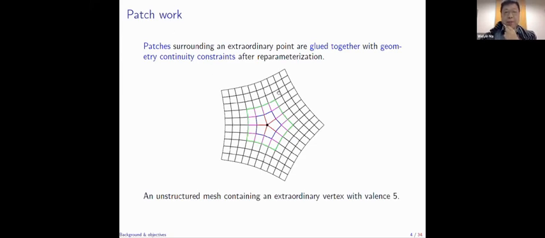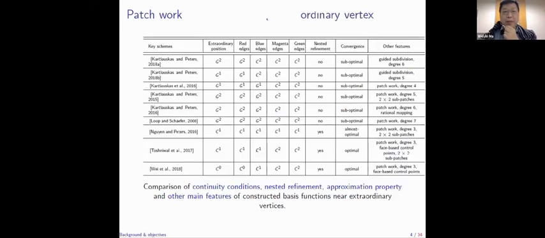In that case, for the extraordinary region, people fill that region, usually with a one-ring of extraordinary patches, using piecewise polynomial patches. So basically, it's a replacement or hole filling.